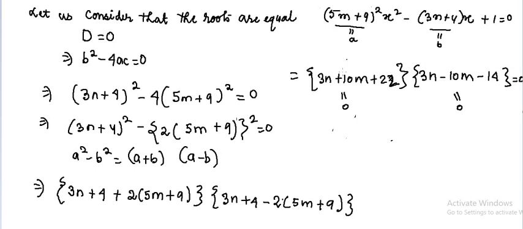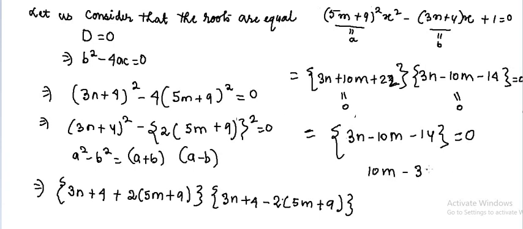Hence, you can say that if 3n minus 10m minus 14 is 0, the overall discriminant will be equal to 0. Hence, one way has been proved: if your roots are equal, then you get 10m minus 3n plus 14 is equal to 0.